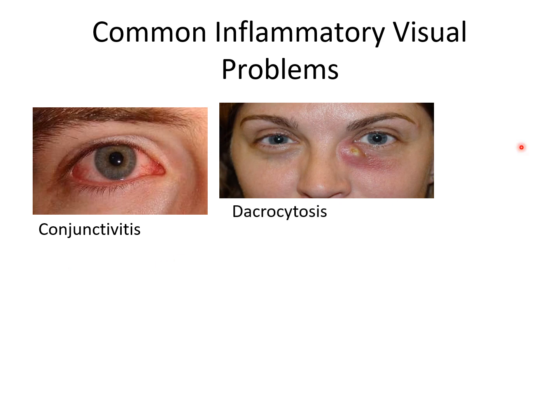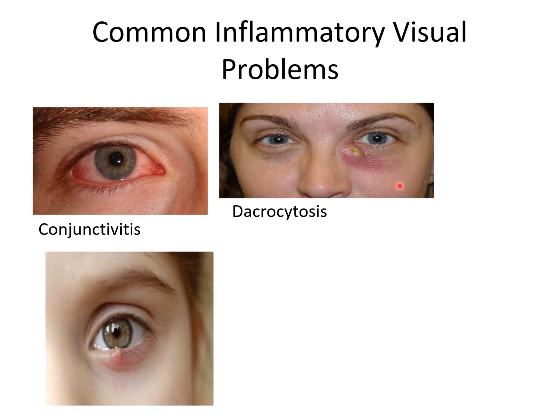Next one is dacryocystitis. This is actually an infection of the lacrimal ducts where the tears usually come out. As you can see in the image, there is redness and pus here over the lacrimal ducts.